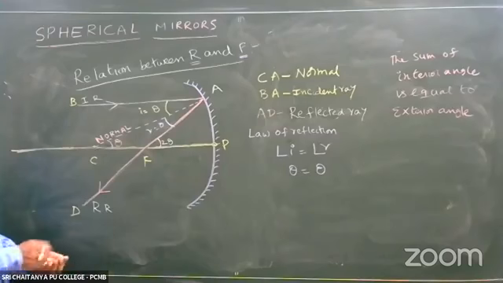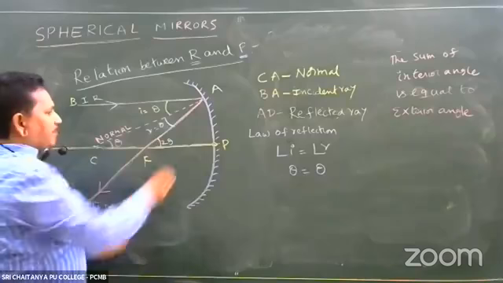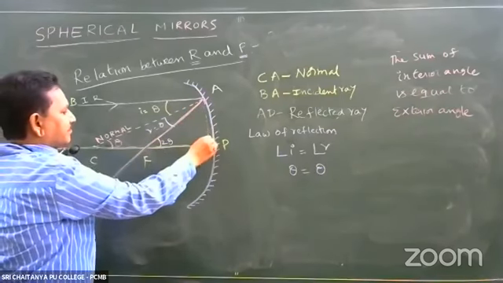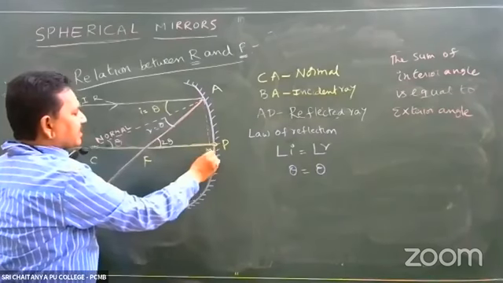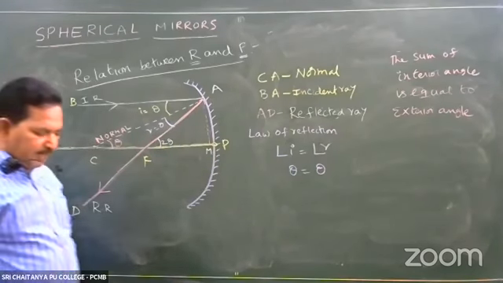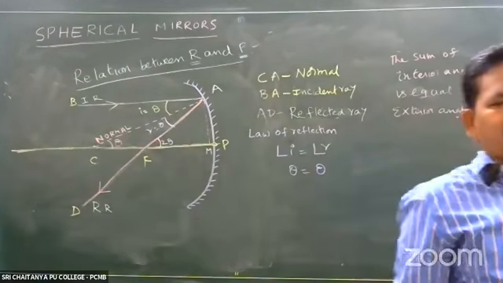Exterior angle. Now drop a perpendicular line, derivation part. Drop a perpendicular line from point A onto the principal axis. Let us call this point M. AM is the perpendicular line drawn onto the principal axis from point A. Now the derivation part. Once again, a small mathematics concept.